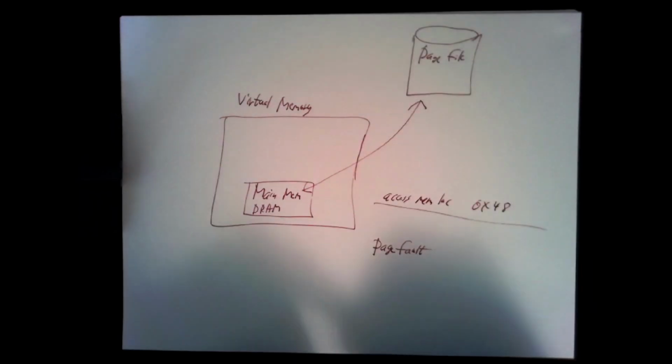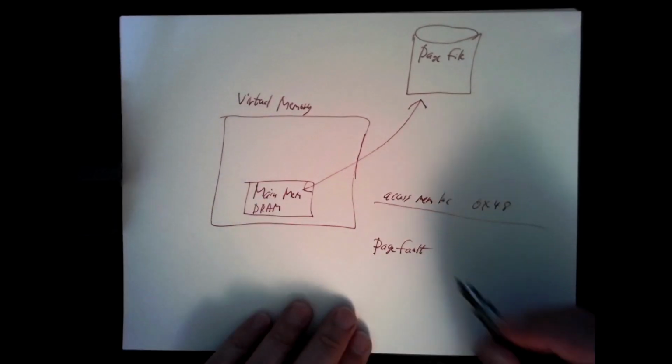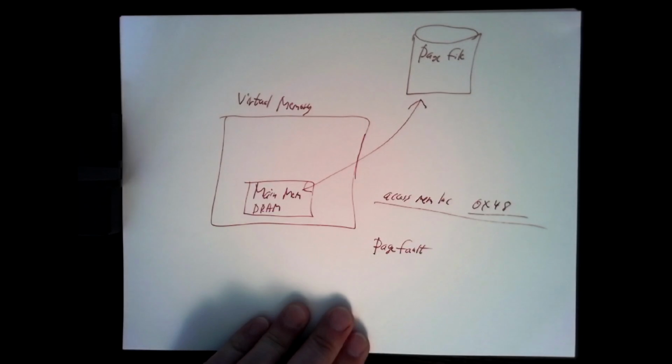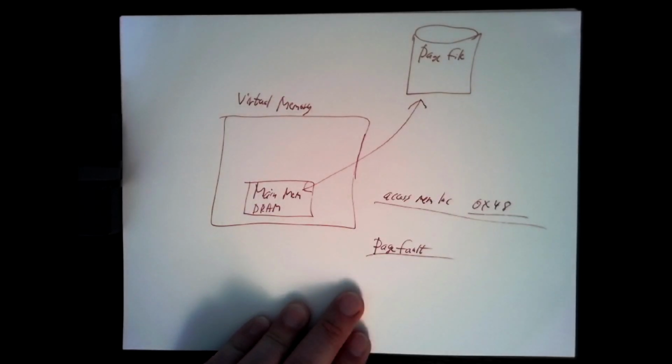So this creates an exception, which is a software version of an interrupt. And when this interrupt occurs, basically everything is paused. This thing that you were trying to do to location 48 goes on hold, and we start this whole sub-process of resolving this page fault.